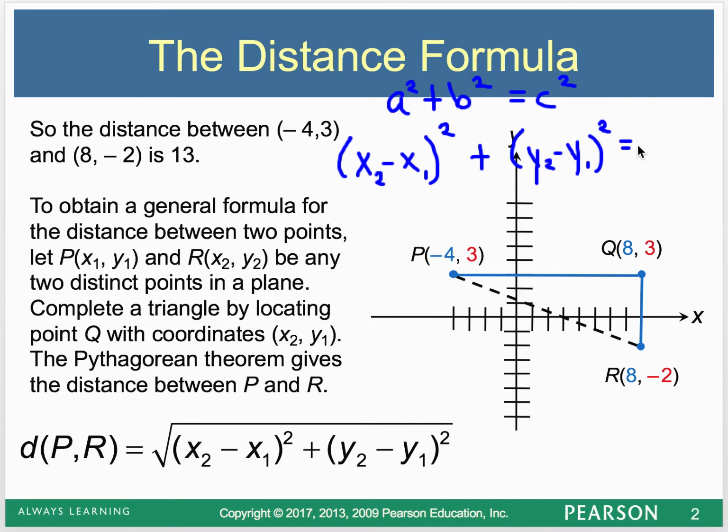And then that equals, okay, your total distance squared, because what you have here is a squared plus b squared equals c squared. Now, I don't want that to be squared, I just want the distance. So then we can go back and square root both sides. That is exactly where this formula came from.